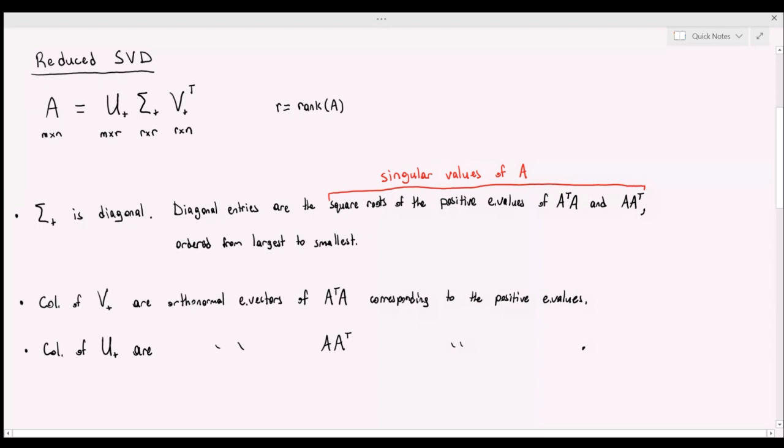So if I have a matrix A, which is just a generic size m by n, the singular value decomposition will factor the matrix A into a product of three matrices. Okay. So I've labeled these matrices as U, sigma, and then V transpose.